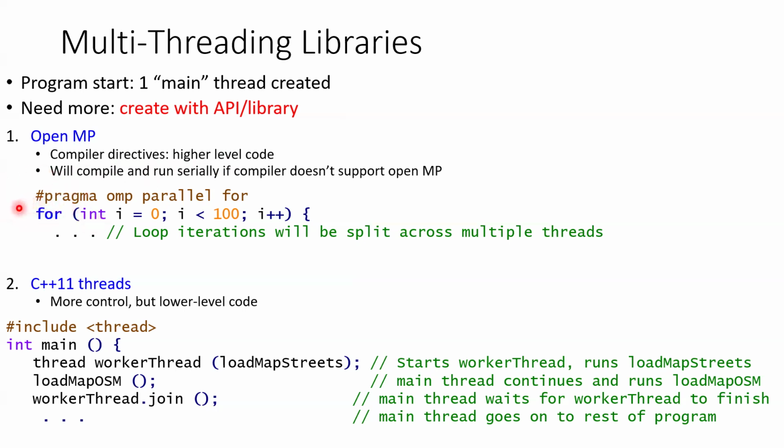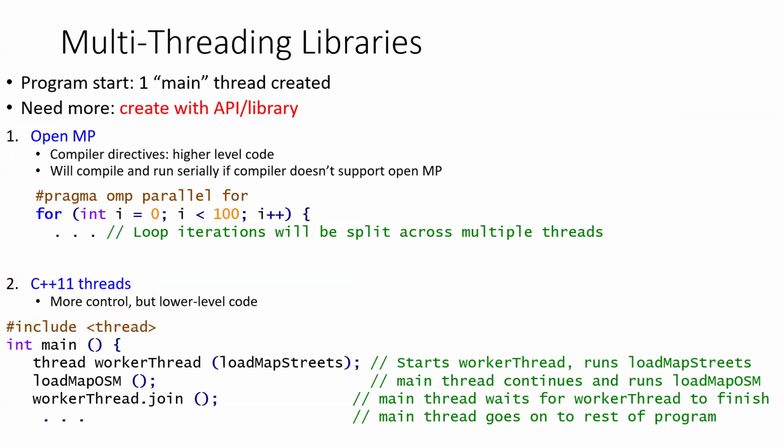And what it has is just this pragma omp parallel for, and it will automatically divide the for loop into parallelly executing threads depending on the number of cores you have. If you want to have more control over it, you may use the C++11 threads library.